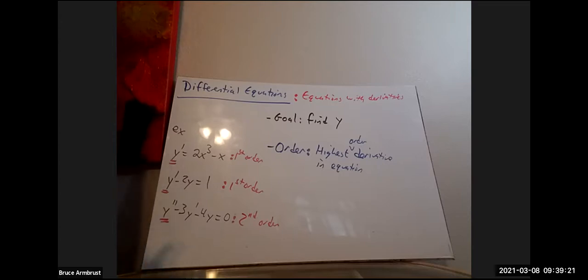Now, this is going to matter because we use the order to help decide which technique to use to solve differential equations. It's just one of those things that pushes us in the right direction. All right, so that's order.